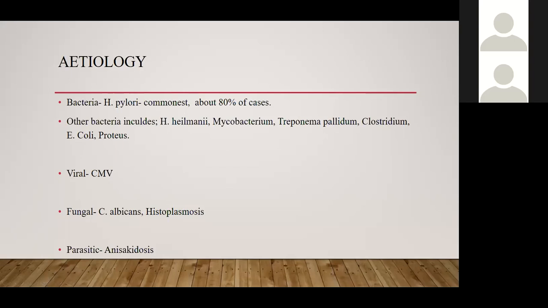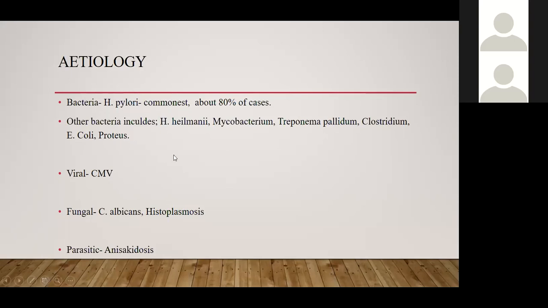If you go to other environments where they hold sanitation in high esteem, H. pylori won't be the commonest cause of gastritis. They would rather be looking at drugs like NSAIDs. But in our environment, hopefully things might change one day, but as it stands now, because of the dirt, H. pylori tends to be the commonest.